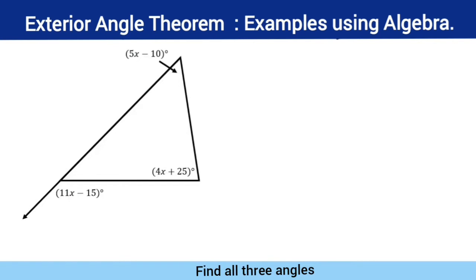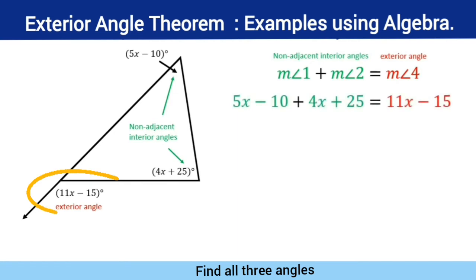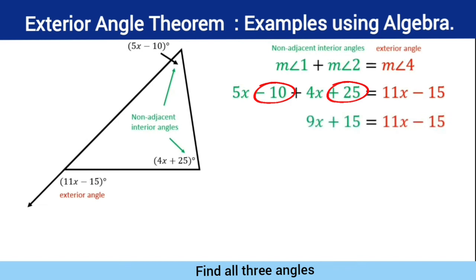Here, the sum of non-adjacent interior angles, 5x minus 10 plus 4x plus 25, is equal to the exterior angle 11x minus 15. Add the like terms. 5x plus 4x gives you 9x. Minus 10 and plus 25 gives you plus 15, is equal to 11x minus 15.